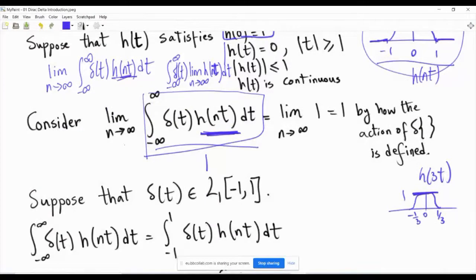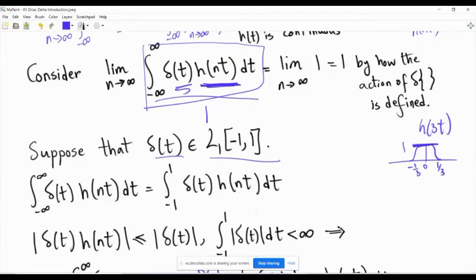Now, suppose that this delta of t is absolutely integrable on -1 to 1. So it's sort of well-behaved. We just want it to be integrable, not from -infinity to infinity, just from -1 to 1. If this is true and we can construct such a function, then let's see.